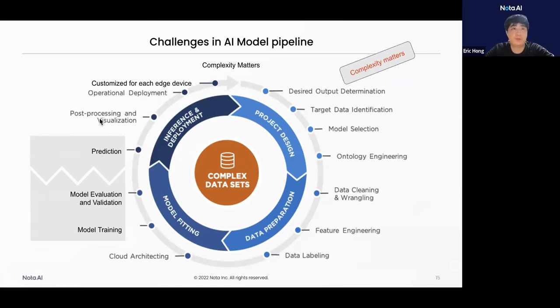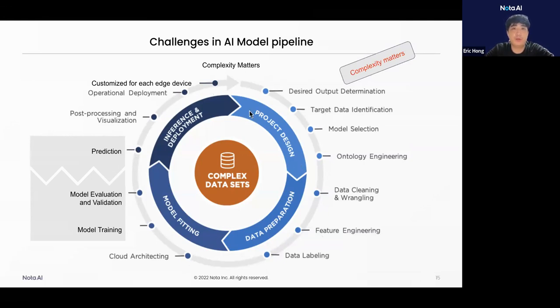After that, they have post-processing and deployment. And when it comes to the edge device, we have to customize the model for each edge device. TensorRT and TF-Lite models need different software versions, and there is still room for each model to be more optimized for each small device.